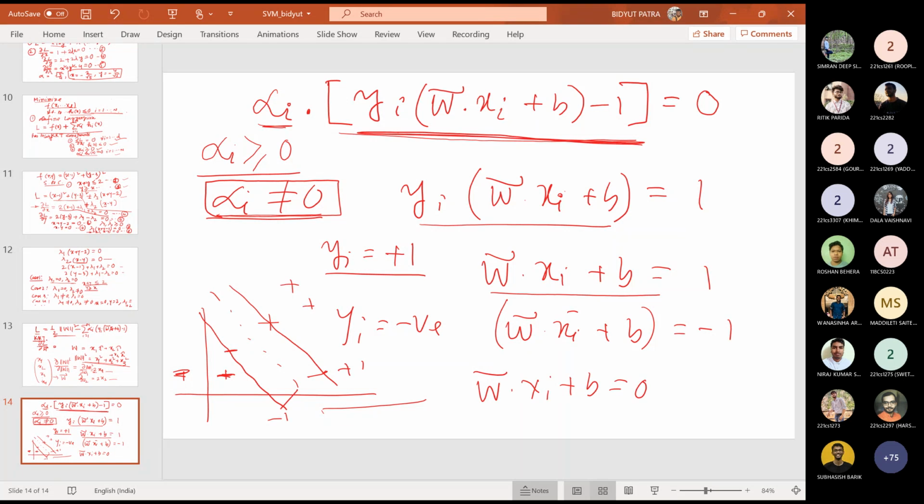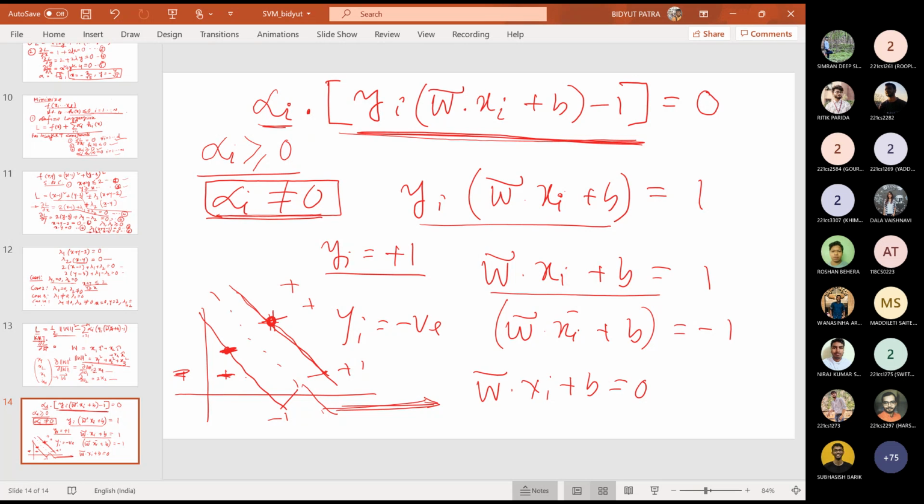That means these are the samples for which alpha i is not equal to 0, and those samples are basically on the decision boundary. This is the decision line, and these are the boundaries. These positive and negative samples are actually on the hyperplane, or on the boundary.